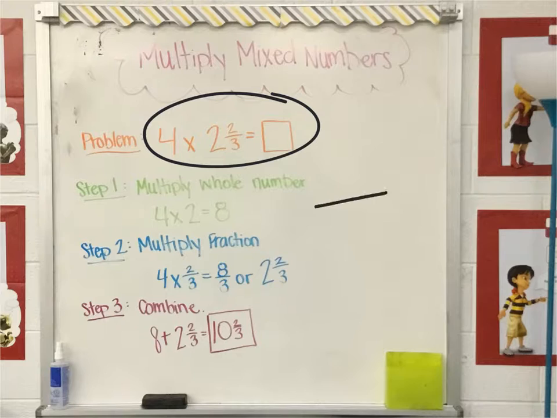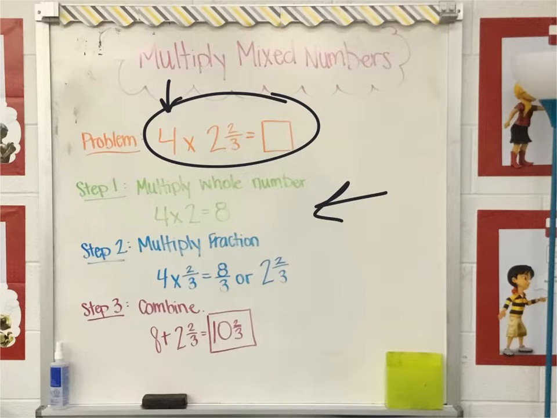So in our first step of the problem, we're going to take the whole number from our mixed number, which is 2, and we're simply going to multiply it by the first factor in our problem. So my first step in this example is 4 times 2 equals 8.